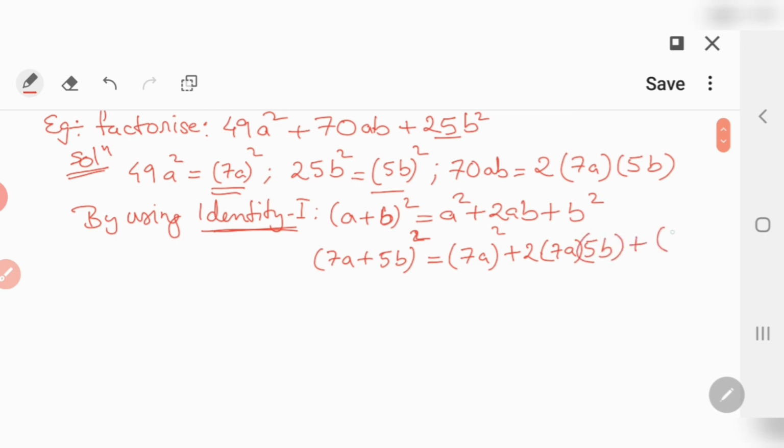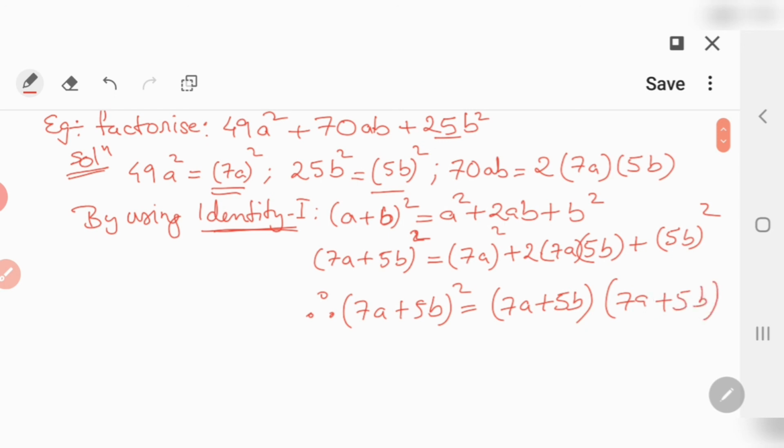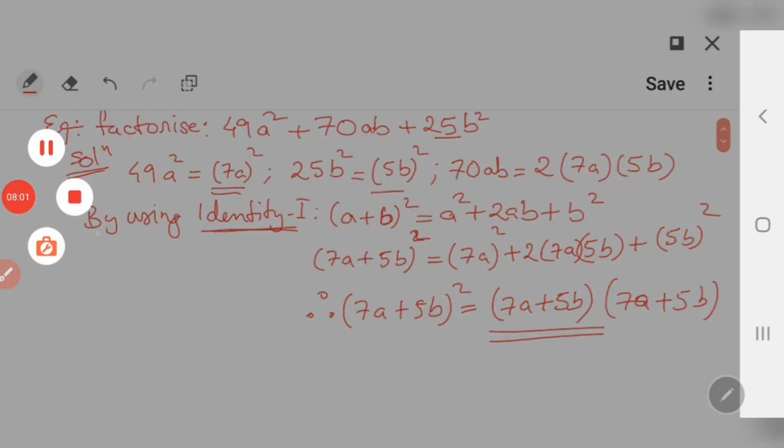What is b square? (5b) whole square. Is it okay? Now what will we do? Since we have already expressed it in the form of this identity, directly we can write it as (7a plus 5b) whole square, which means (7a plus 5b) into (7a plus 5b). Correct? So this will be your answer. So student, I hope you understood.